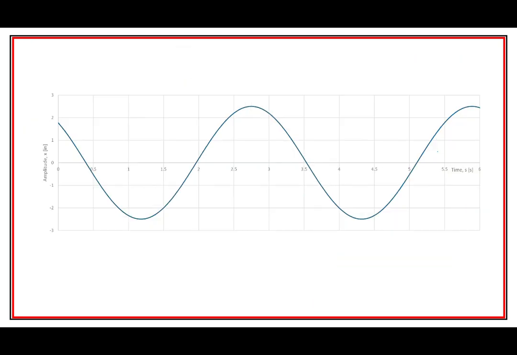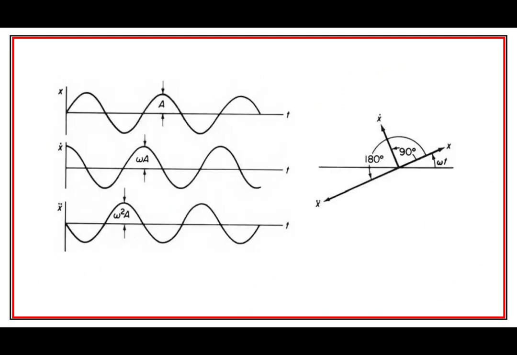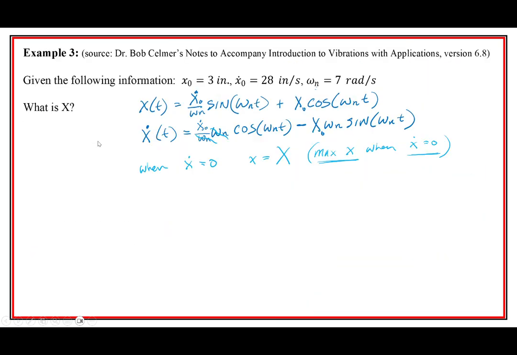When this is going to be a maximum, that's a minimum. That's the idea we are leveraging to make this statement, that the position is at its maximum when the velocity is at a minimum. So we have to determine what time that happens.